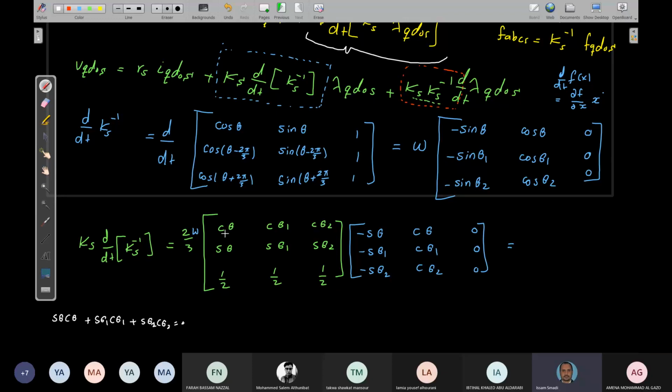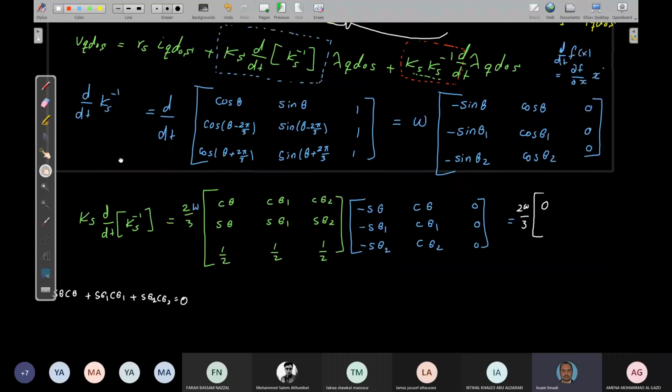So the first one is what? Cosine sine, cosine sine, cosine sine. It's minus, minus, minus, but it will be the same. Multiply this by minus, you will get 0. So the first one here is 0. Now the second one.